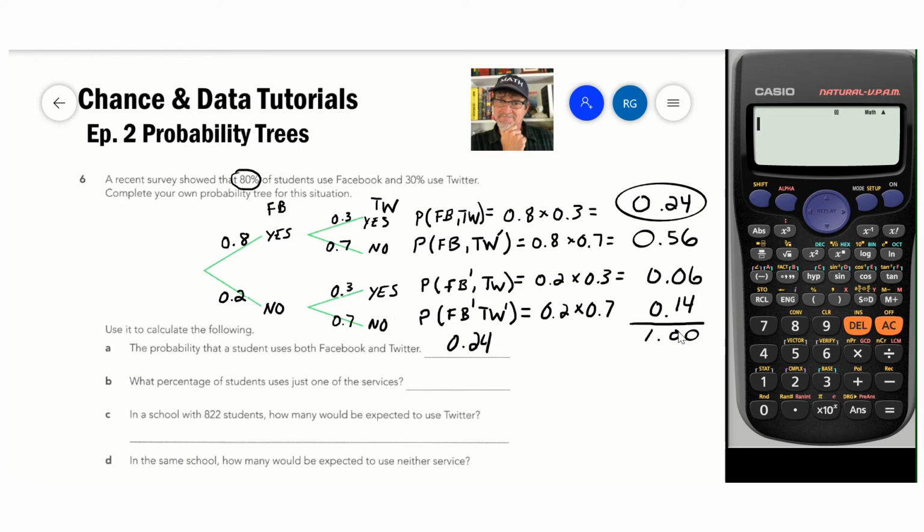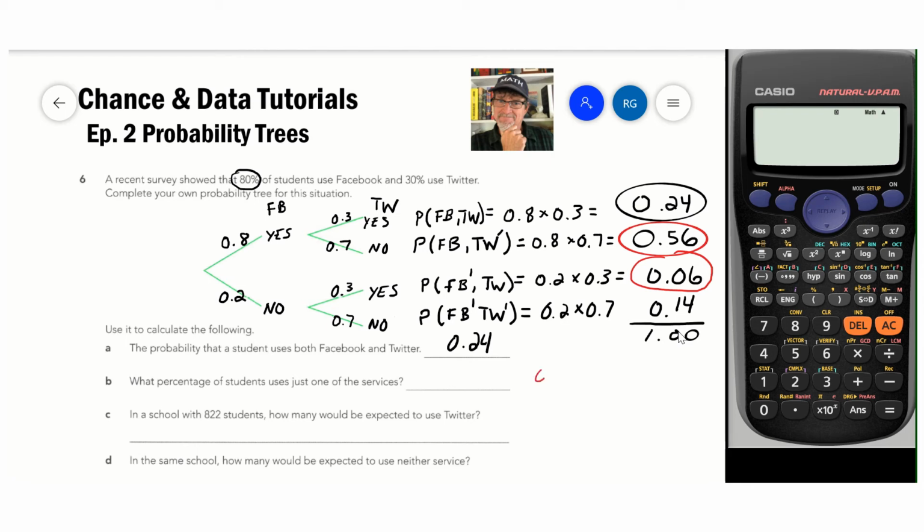B. What percentage of students uses just one of the services? If you look at the second row here, they use just Facebook but not Twitter. So we want that one. And the next one down here, they don't use Facebook, but they do use Twitter. So both of these probabilities fall into the category of using just one of the services.